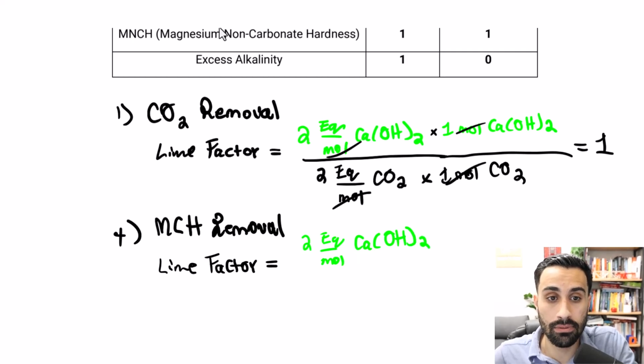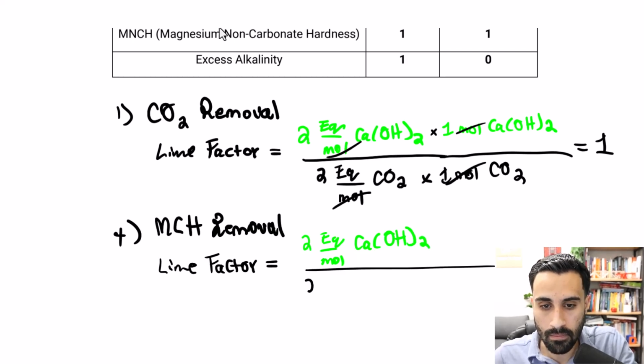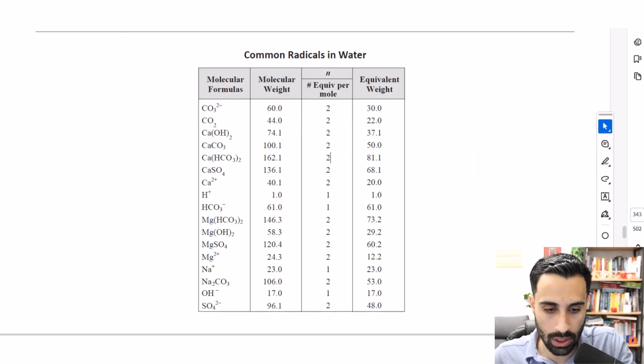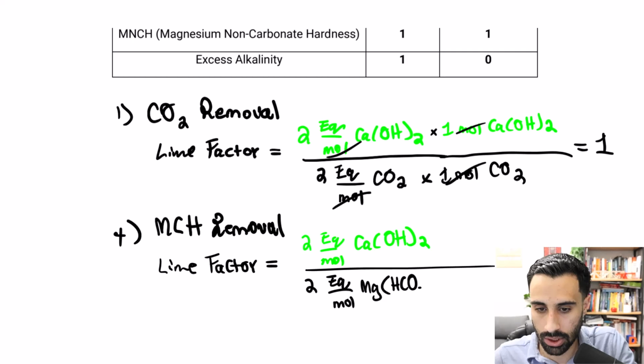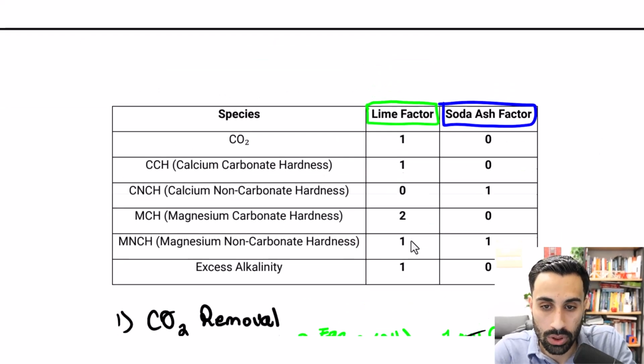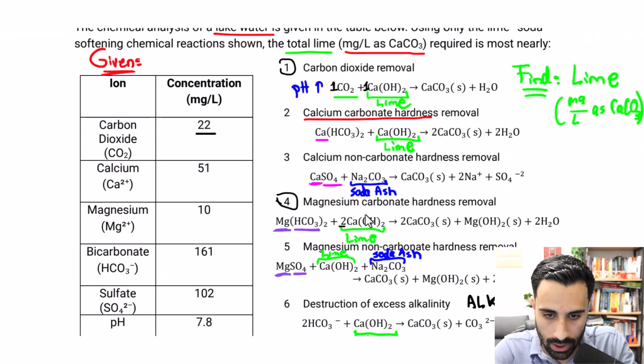And that is divided by the 2 equivalent per mole for the magnesium bicarbonate. That is the 1 magnesium bicarbonate, Mg(HCO3)2. And then we multiply this. There is a 1. So actually for this one, it's a 2.